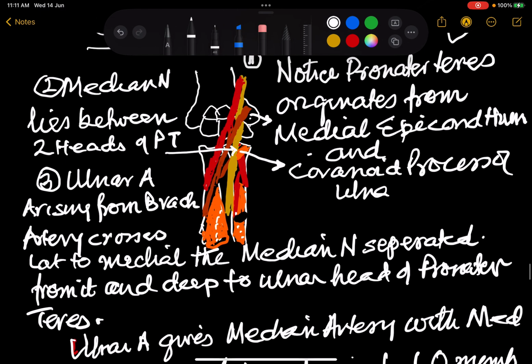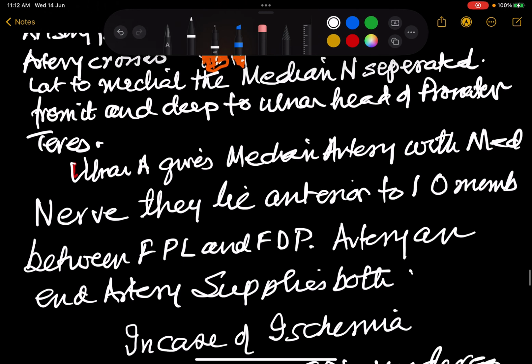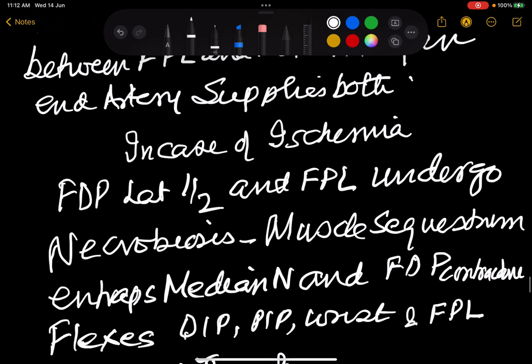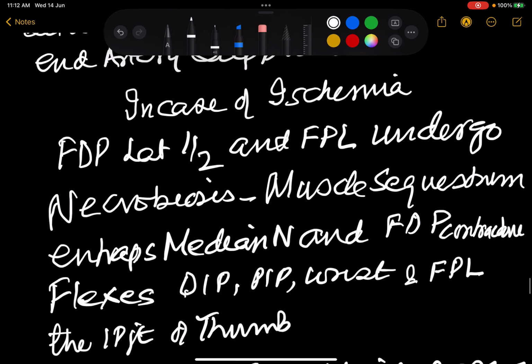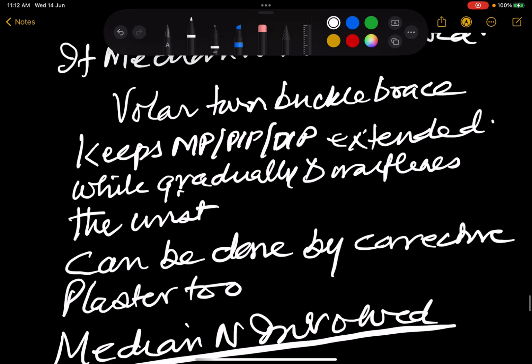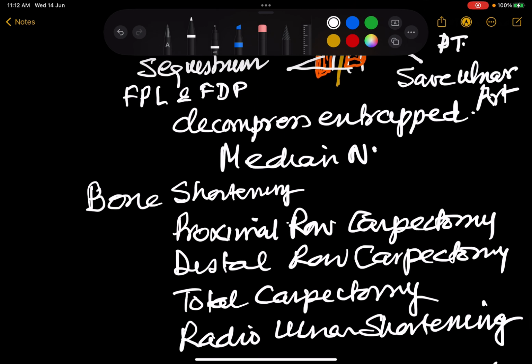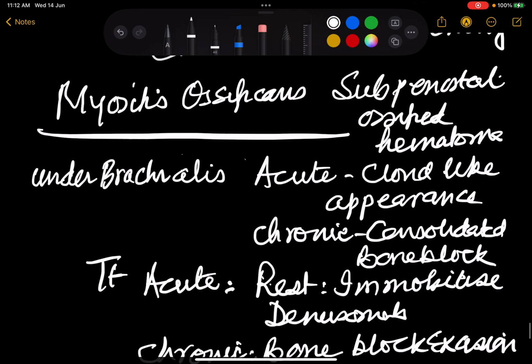This decompression is called Seddon's operation and that is called Max Page operation. So this is the treatment of VIC. You can do bone shortening, proximal row carpectomy, distal row carpectomy, total carpectomy, or radial or ulnar shortening.